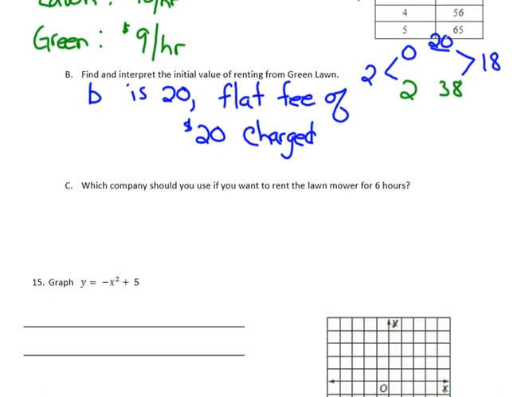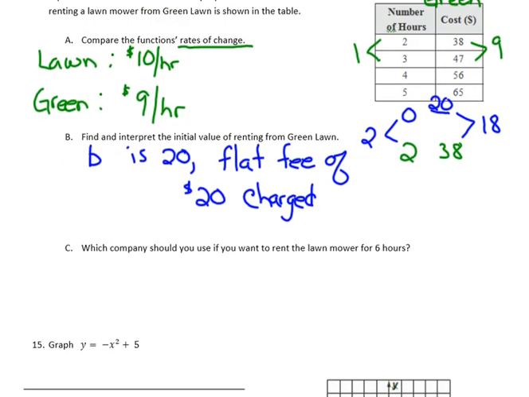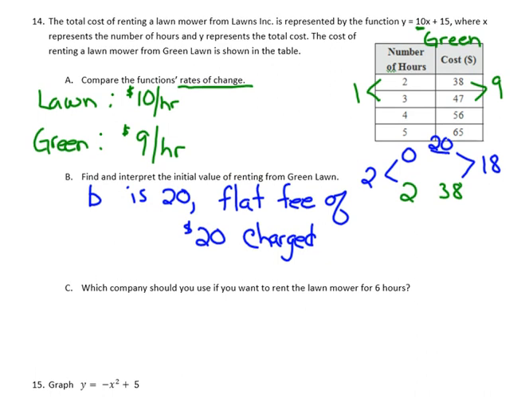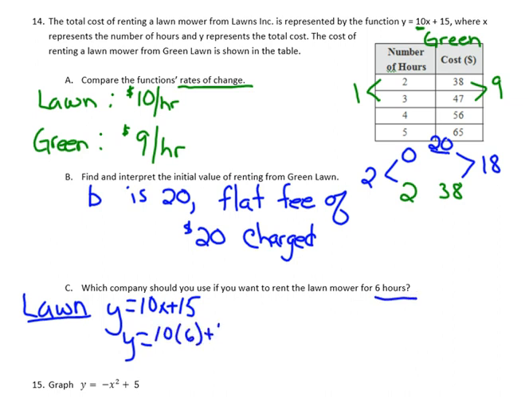Which company would you use if you want to rent the lawnmower for 6 hours? So I'm going to figure out for lawns first, using my equation, y equals 10x plus 15. And that'll give me, if I'm doing 6 hours, 10 times 6 plus 15 is going to give me 75.